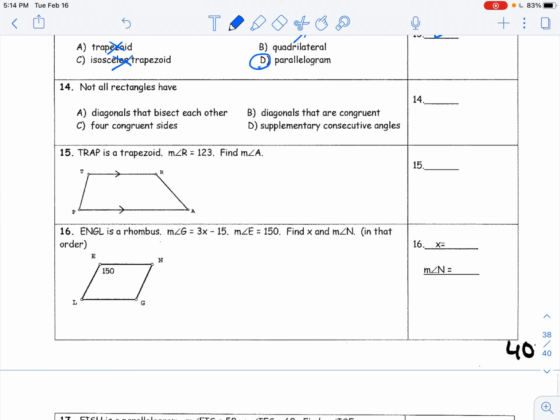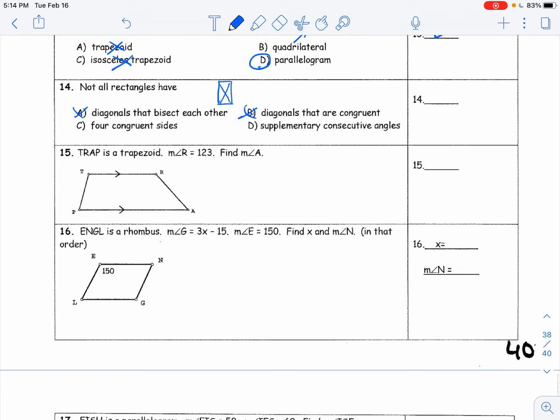Number 14, not all rectangles have, let's see, diagonals that bisect. No, that's true. Diagonals that are congruent, that's not true. Oh wait, that is true, sorry. I can draw a picture.